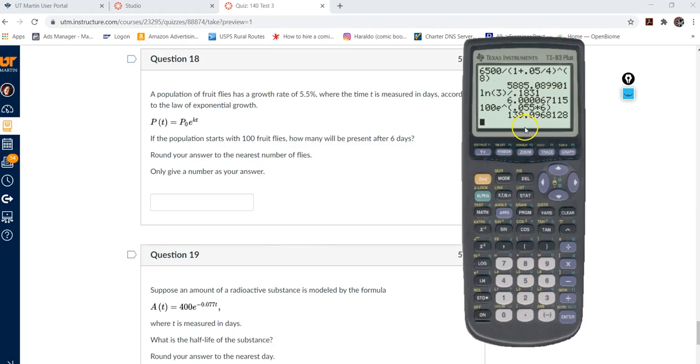And it said to round your answer to the nearest number of flies. So if I round that to the nearest whole number, this is 139 flies, not 140. It's 139. And yes, there's a big difference, because if it's multiple choice and you have to choose between 139 and 140, you'd better know the difference.